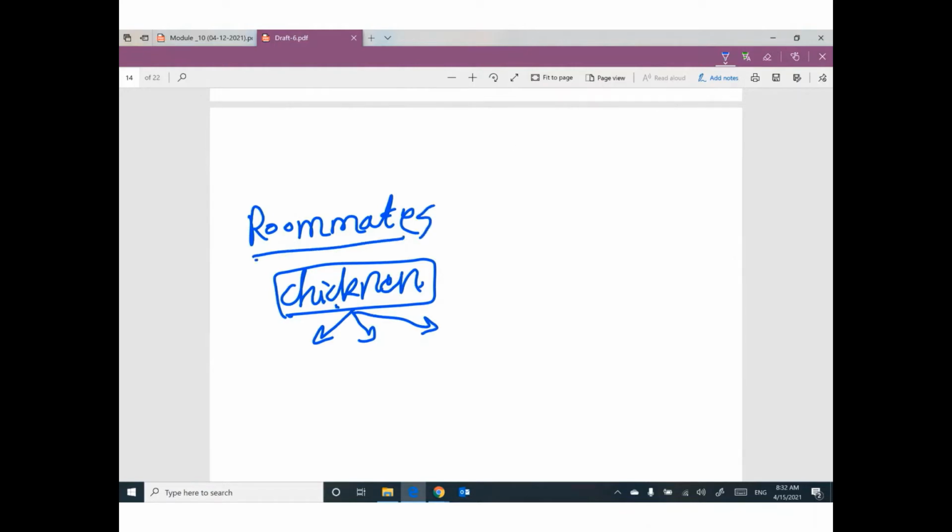So we have many people, more than one, and we need to distribute this chicken. It's a real question because we have many people, and we need to distribute something among them.